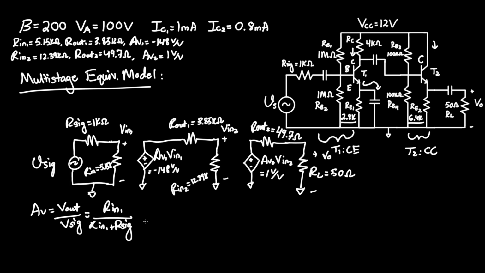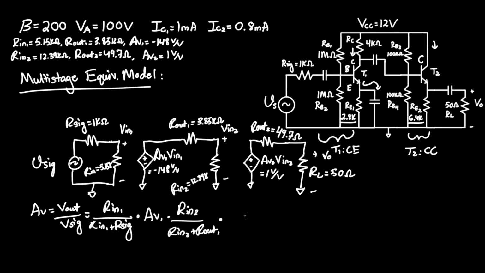This will be multiplied by AV1, which will be multiplied by, now looking at the output of T1, R-in2 over R-in2 plus R-out1, since this is now the potential that's being amplified on the second stage.